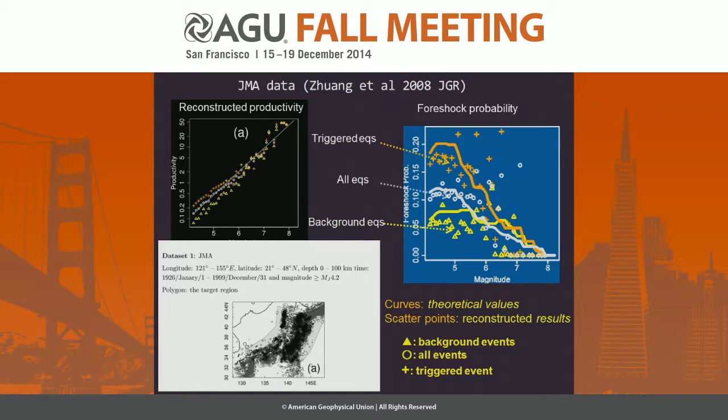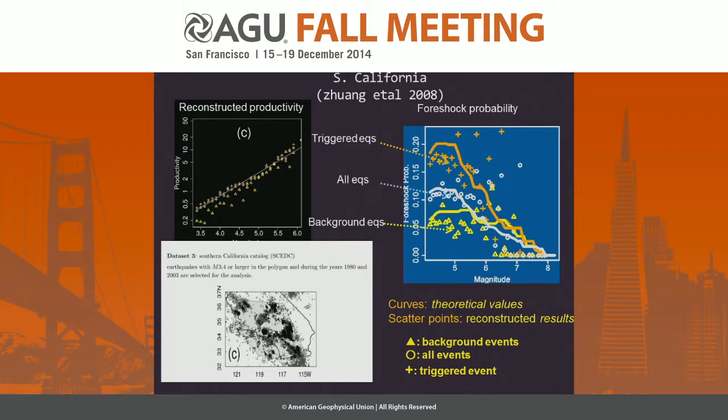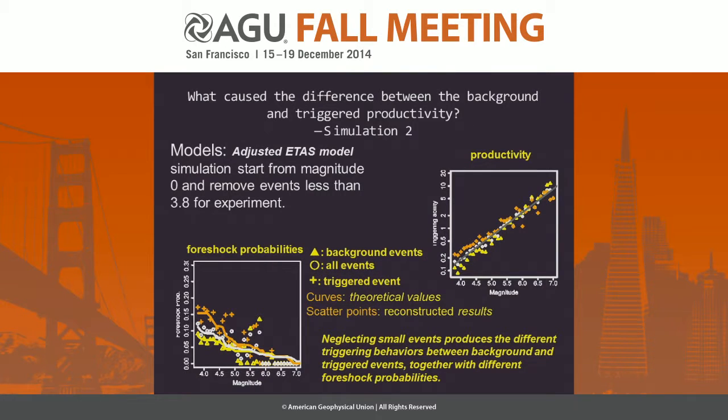But when applying the method to the Japanese JMA catalog, we can find a difference. The reconstructed productivity shows triggered events are more likely to trigger more events, and also more likely to trigger larger ones. Similar results are obtained for the New Zealand catalog and for the Southern California earthquake catalog. Is that true in the real catalog?